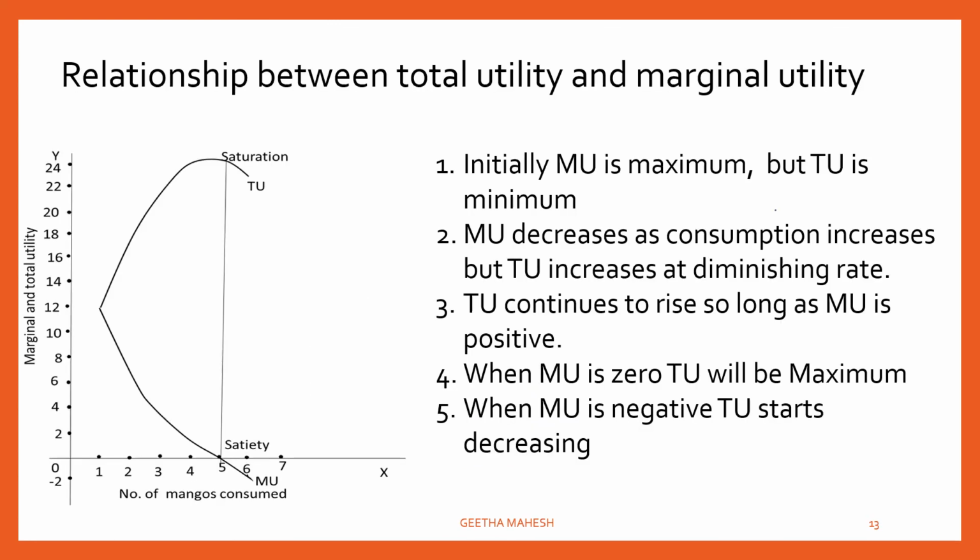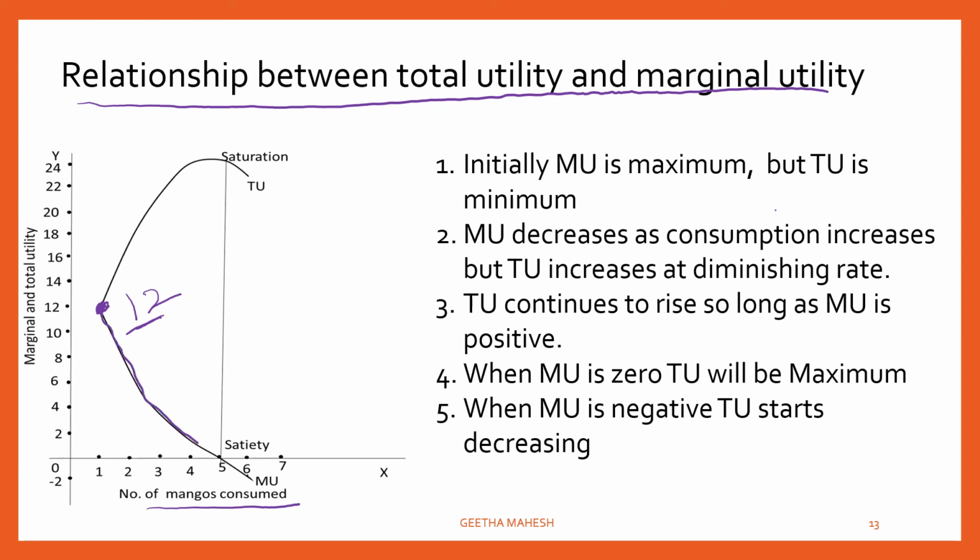Let us understand the relationship between total utility and marginal utility with the help of a diagram. You can see in the diagram both total utility and marginal utility are 12, but marginal utility is maximum and total utility is minimum. As the number of units consumed increases, marginal utility decreases but total utility is increasing.